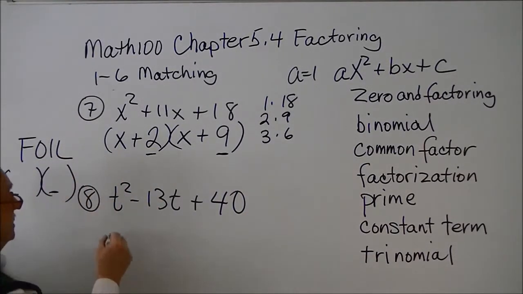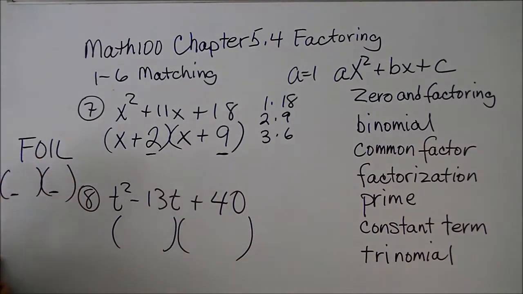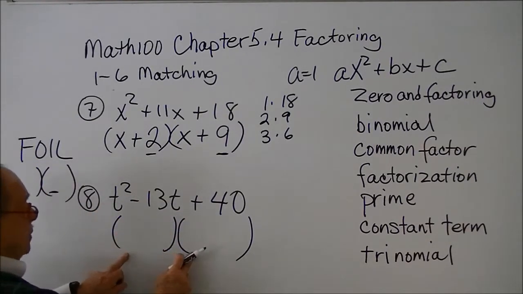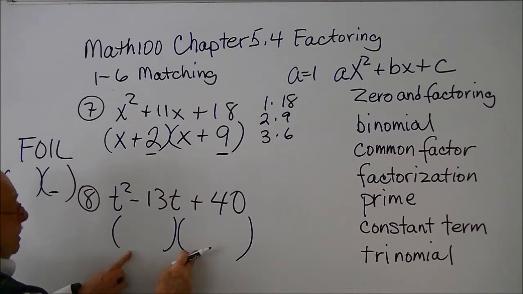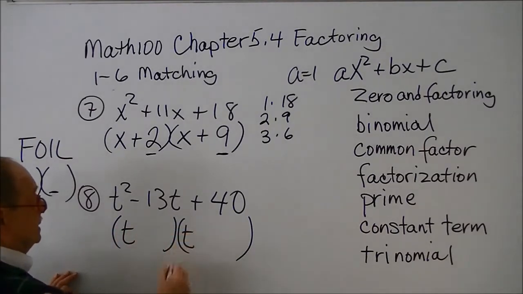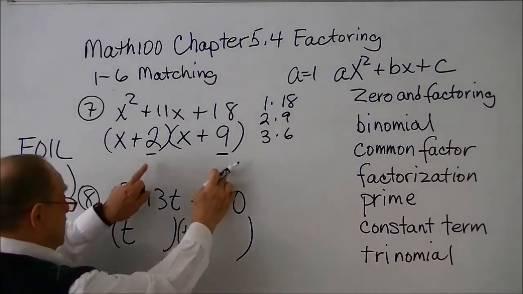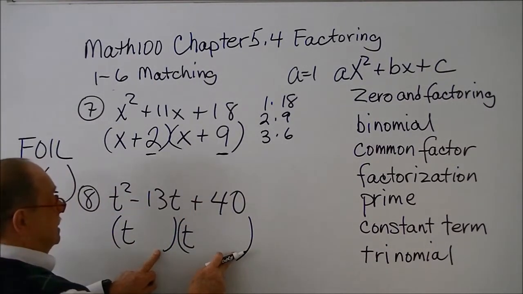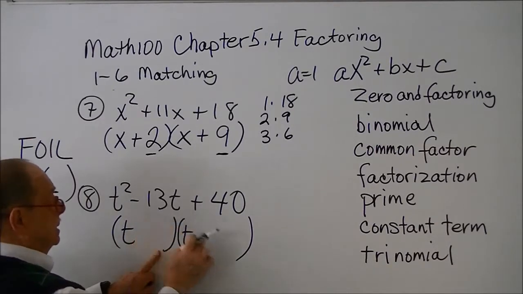So my next step is to put two sets of parentheses and then reverse the FOIL. So what do I put here in order to get a t squared in my first position? And if you said t, that's correct.